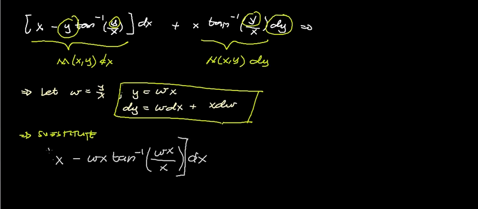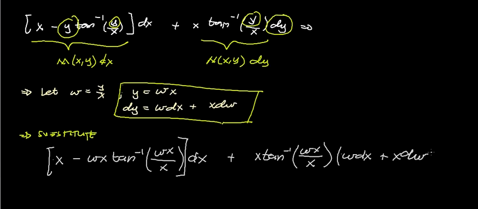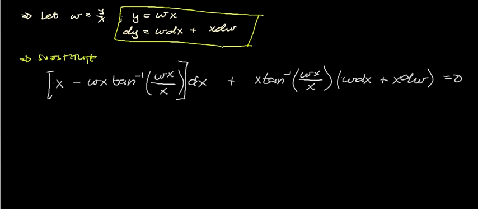This whole term is multiplied by dx plus x arctangent, once again our y is wx all over x, and our dy is w dx plus x dw, and then this whole equation is equal to 0. So as you can see here, we can now cancel this out. x over x is just 1, and we may now simplify this.